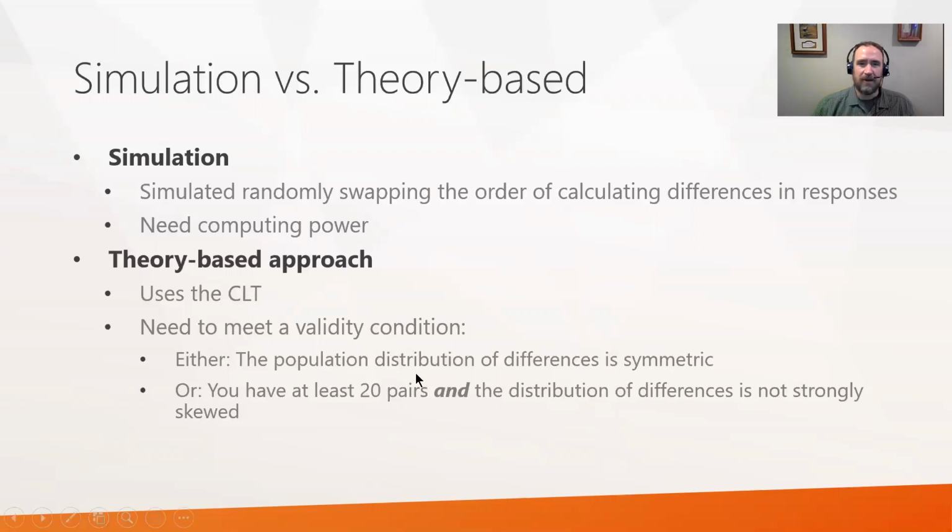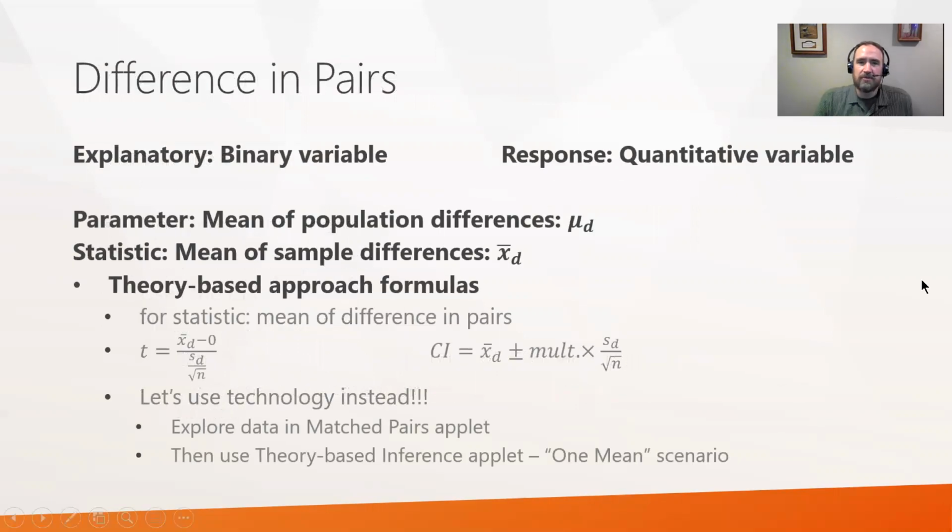The other possibility we can meet for a validity condition is a very familiar one for a quantitative response variable. You have to have at least 20 pairs and the distribution of differences is not strongly skewed. So once again, we're looking for at least 20 pairs and little skew in our sample, and that is a familiar condition for us. If we meet those conditions, we can do a theory-based approach.